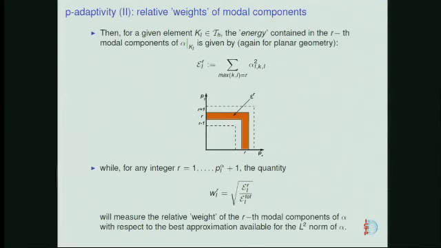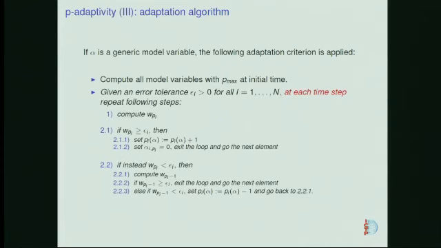This is the contribution to the total norm of the solution coming from the modal components of degree R. And finally, you can define the relative weight of this contribution with respect to the total norm of the solution. With these ingredients in mind, I can describe you this very simple adaptivity criterion.